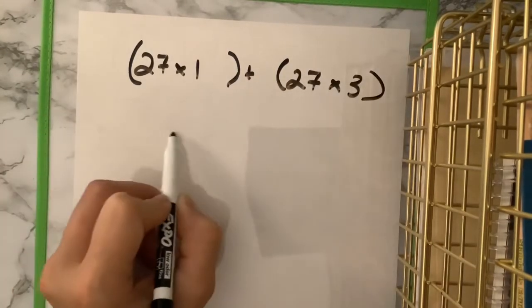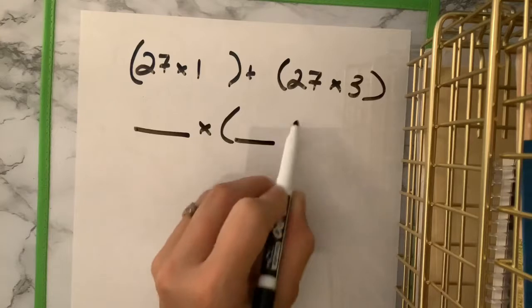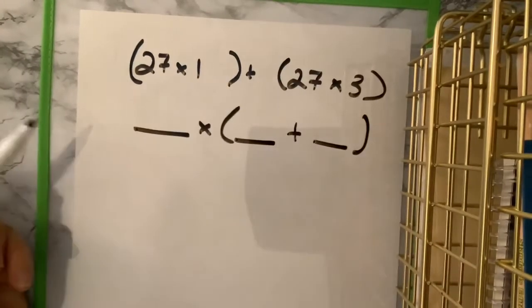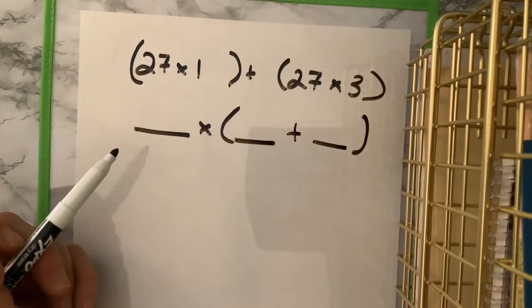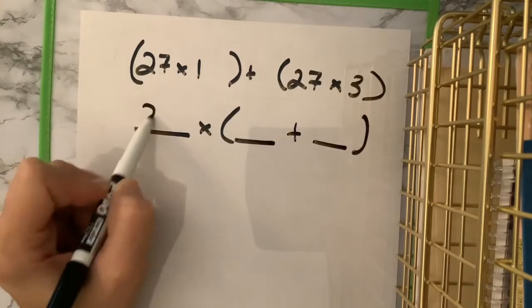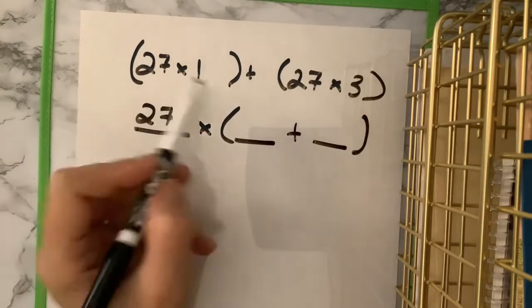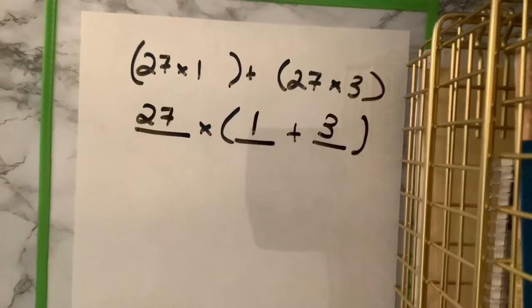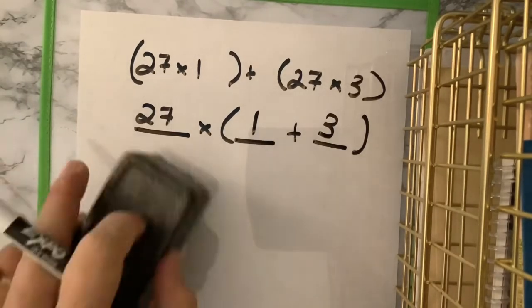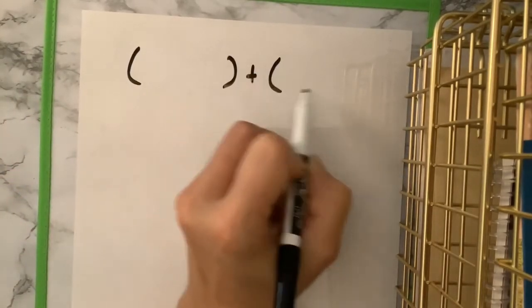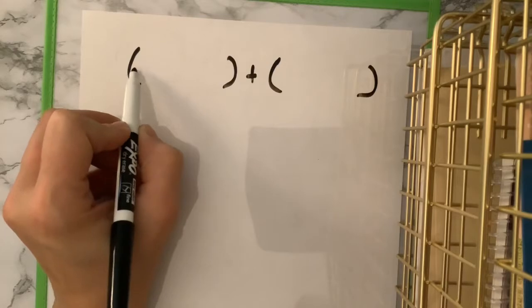So again, our answer is going to be in this format. What number has appeared in both places? 27, and then we fill in the 1 and the 3. One more with this format. And again, if you have not paused and tried on your own yet, now is the time to make sure you're pausing and trying on your own.